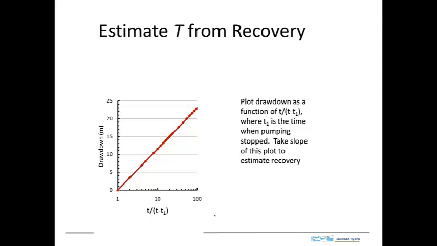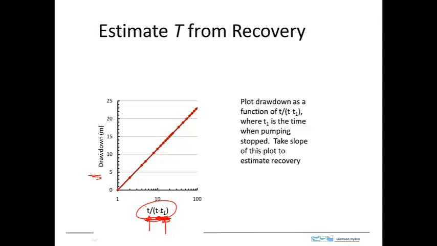So here's how you do it. This is the drawdown data during recovery as a function of t minus t1. Remember, t is the time since pumping started, and t1 is just the time when the pump was shut off. Right after you shut the pump off, t minus t1 is a small number compared to t, and so this ends up being a big number.